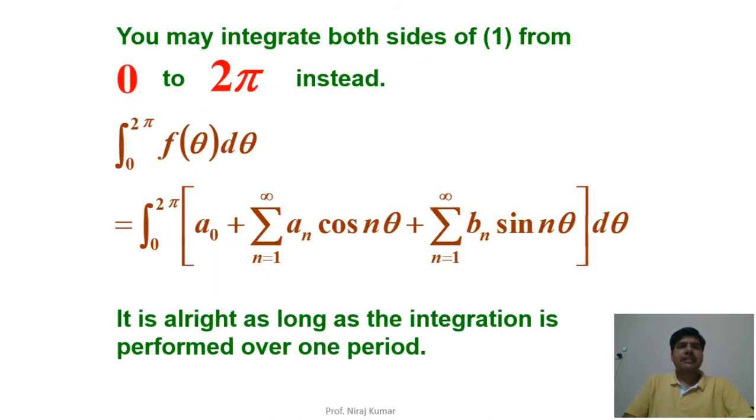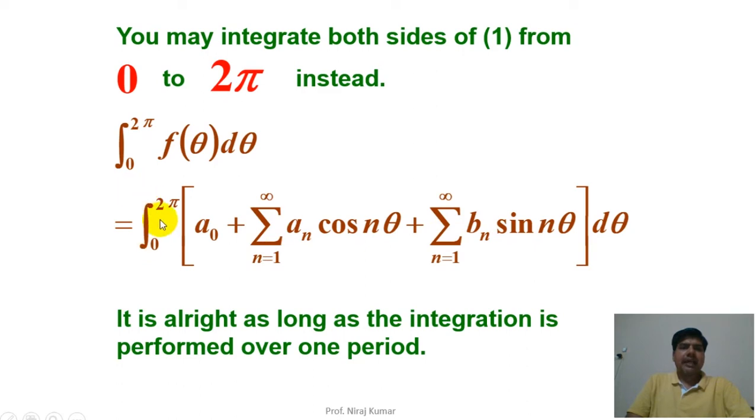We can also integrate this from 0 to 2 pi and get the same result. If we integrate f theta d theta from 0 to 2 pi, we have to integrate both sides of the Fourier series, and the cos function and sine function from 0 to 2 pi will always be 0.